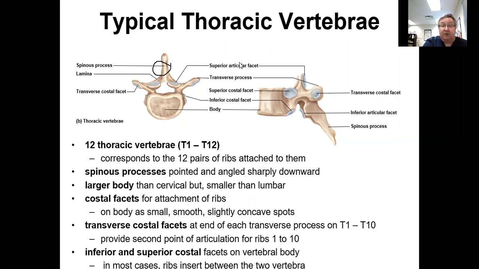All right, and you'll see those areas for attachment right here. They're called costal facets. Remember, the word costal means ribs. So it's the thoracic vertebra that has these costal facets and connects to the ribs itself.